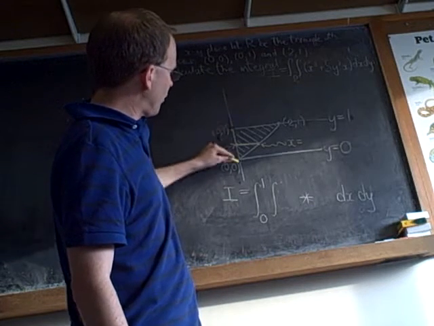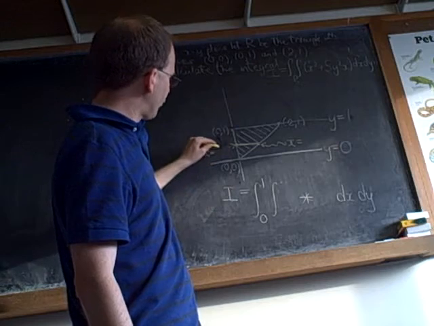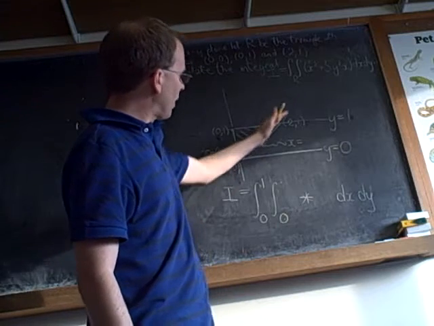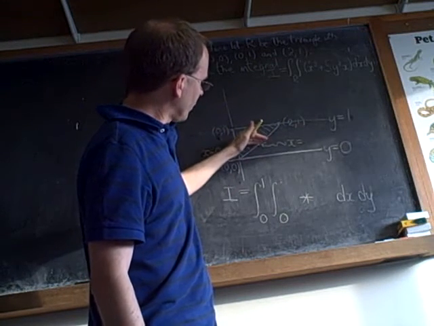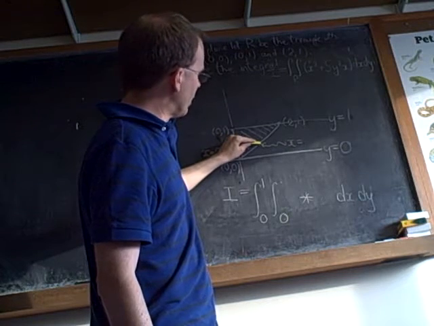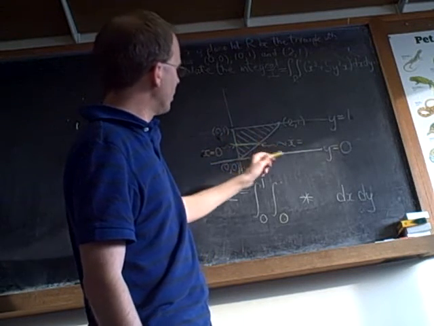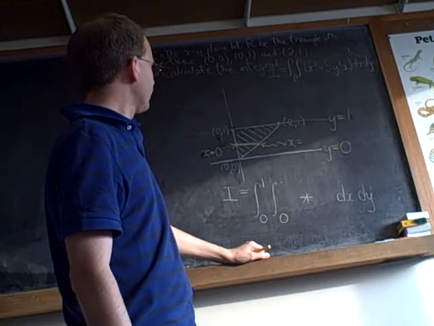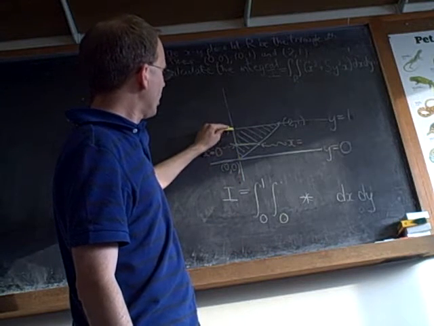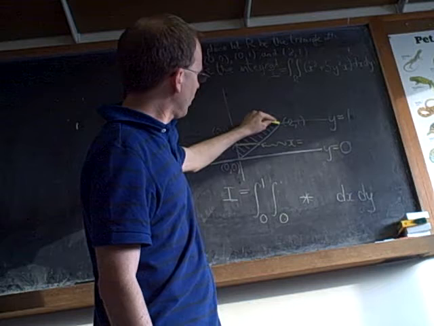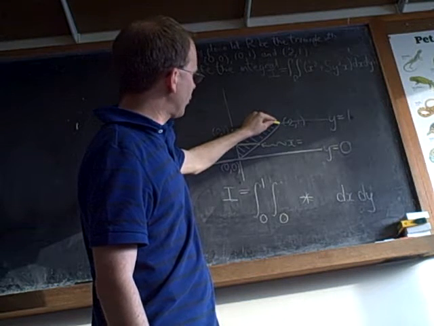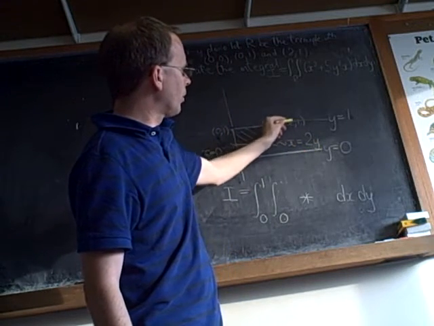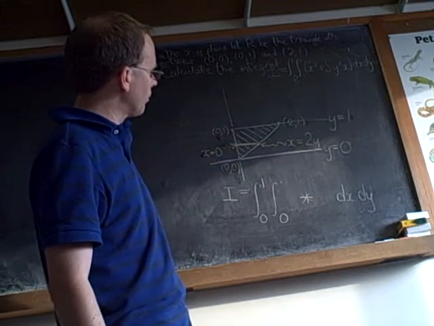Now, this left-hand boundary is x equals 0, it's the y-axis, so that gives us our lower limit for x, and this right-hand boundary, the one we cross when we pass the highest value of x before we leave the region, well, that diagonal line is, let's be careful about this. Now, we've gone 1 up and 2 across, so this is actually x equals 2y, and note the points (2,1) and (0,0) both satisfy that equation.